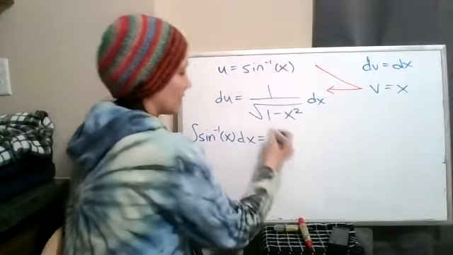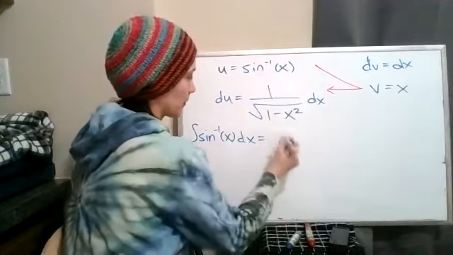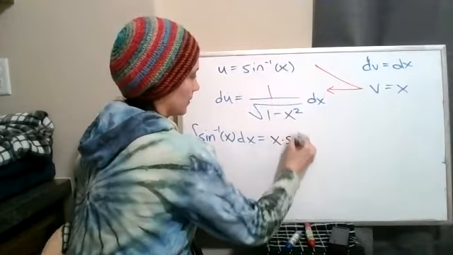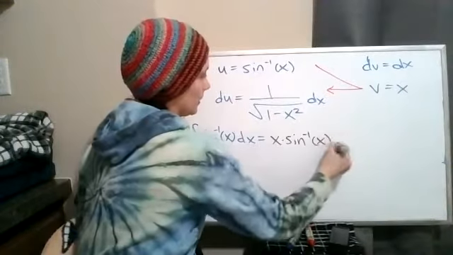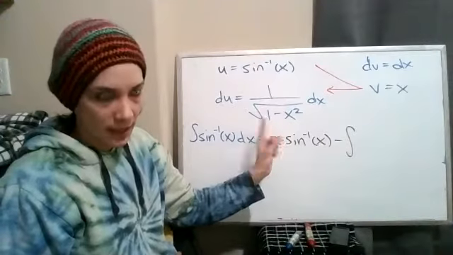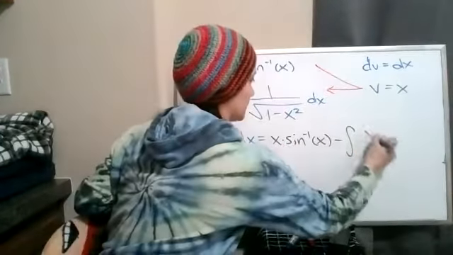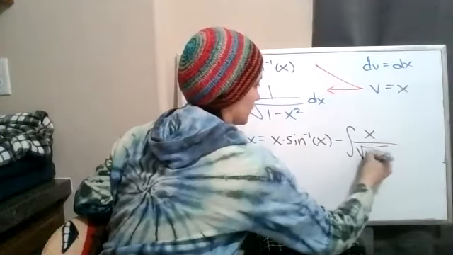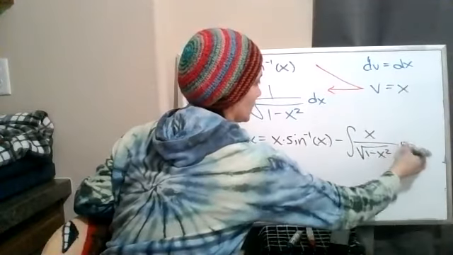X times sine inverse x. Subtract integral of this times this: x over the root of 1 minus x squared dx.